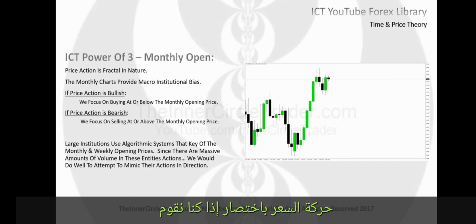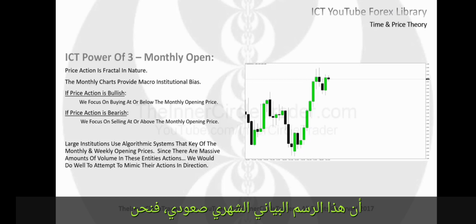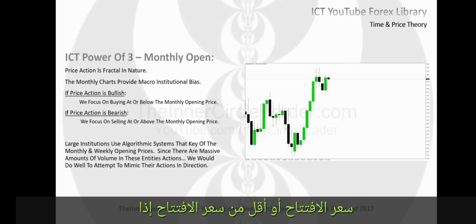In a nutshell, if we are doing our analysis on the monthly chart and we deem that monthly chart to be bullish, we as traders and analysts look for buying opportunities at the opening price or below the opening price. If we have come to the conclusion that the monthly perspective is bearish, then we are focusing our analysis on selling short at or above the monthly opening price.